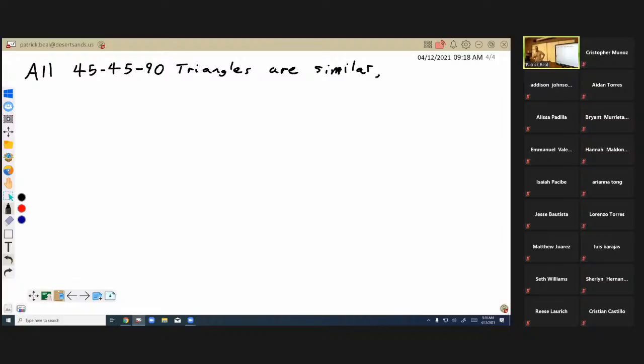But all 45, 45, 90 triangles are similar, which means that you can write a proportion. Now let's see how that can help us.